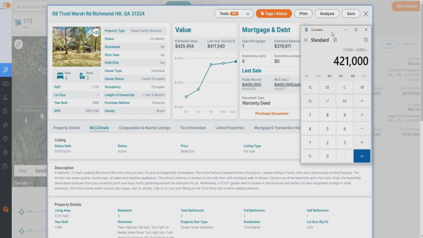So that would be your second option. If you wanted to avoid paying the seller's X amount of equity, you could literally purchase the property at $421,000, give them the $45,000 down, and now you don't have a second note in second position from the seller's equity. So that would be your second option there.